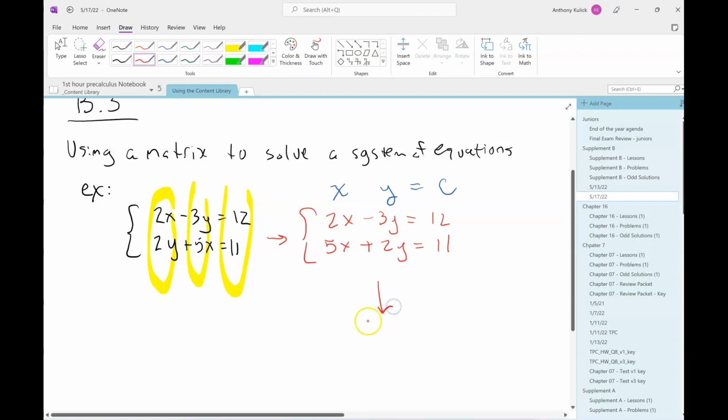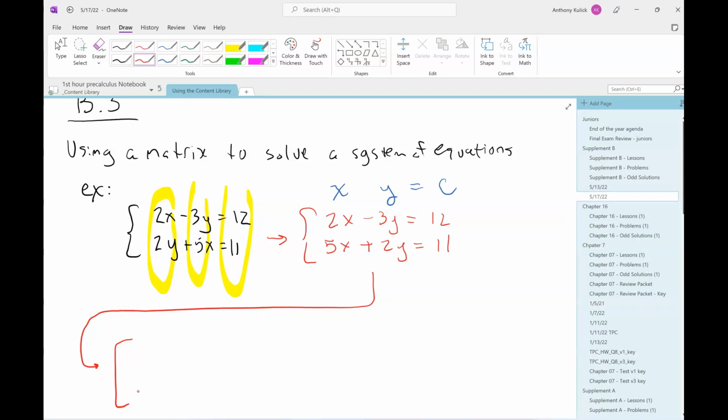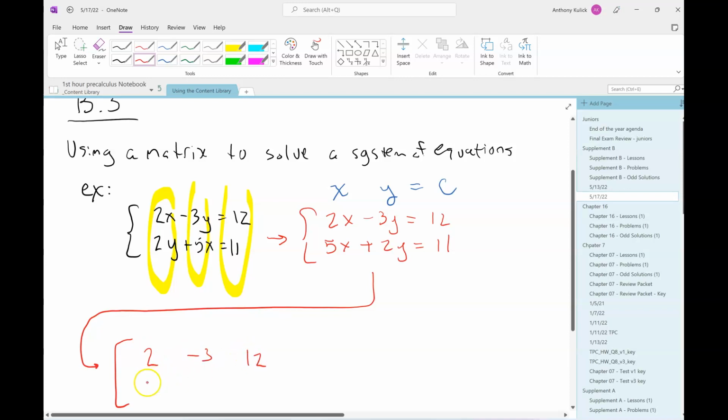What I do next is translate this into a matrix. Not surprisingly, I hope, this matrix is going to be a 2x3. It's going to have 2 rows and 3 columns. We have 2 equations, and we have 3 different parts of each equation. Everybody see that? Now, what I'm going to type into my matrix is just the coefficients. So no variables, no operations, just the coefficients.